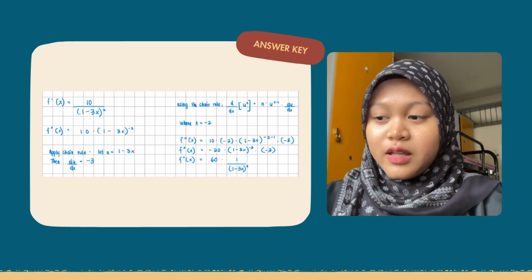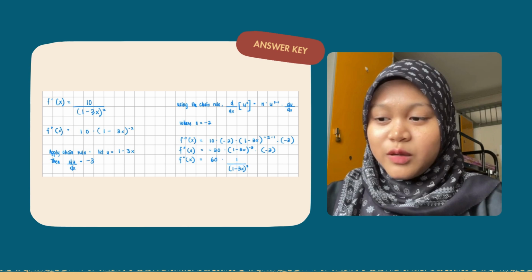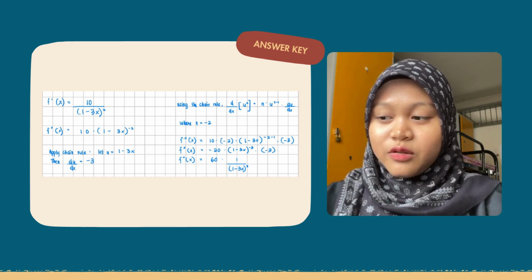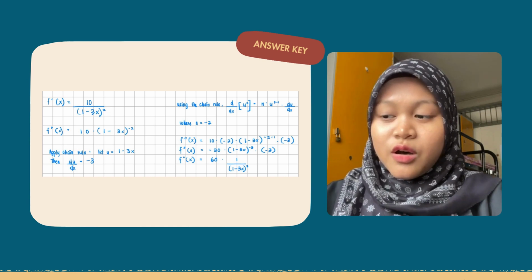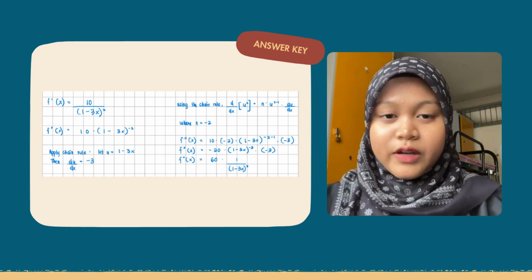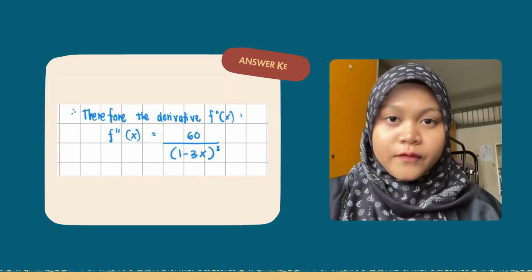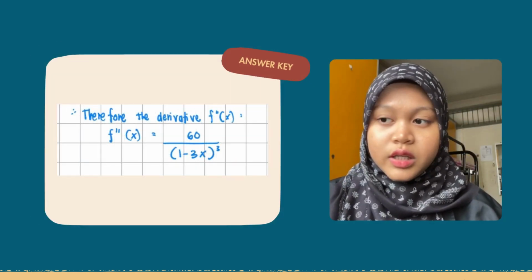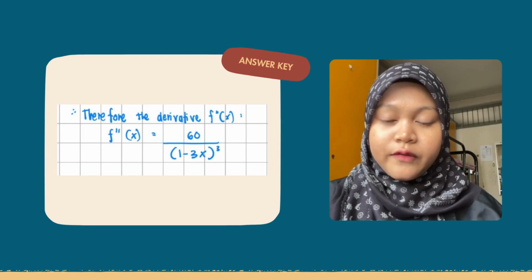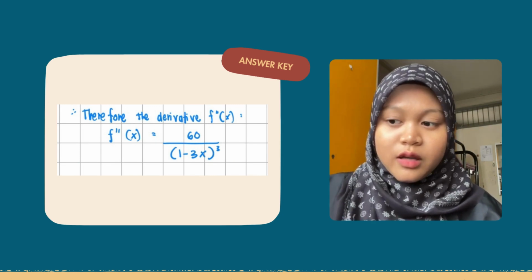After getting the answer, we need to draw the table to know whether the interval is concave up or concave down, using the test value and the sign of f double prime of x. After using the chain rule, we will get the answer for f double prime of x.